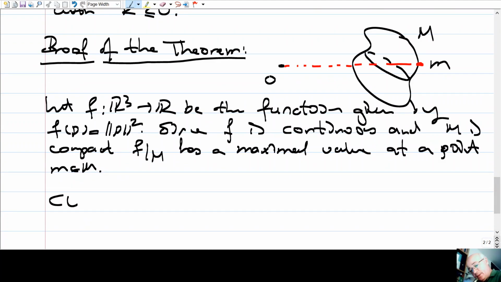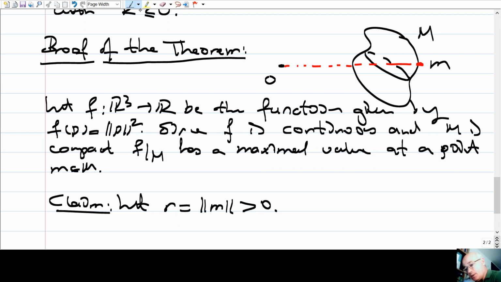First claim is this. Let R be the distance of this point to the origin. I can assume that this is positive because this is the farthest point. If it is 0, it means M consists of a single point, which is the origin. But M is a surface, so it is two-dimensional.